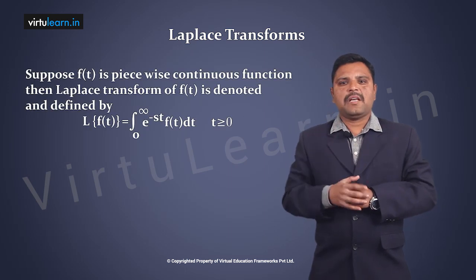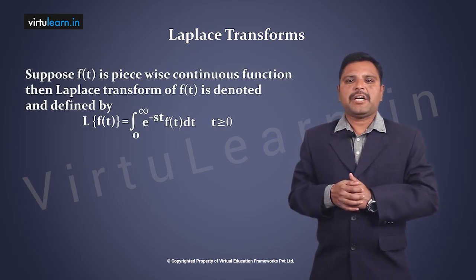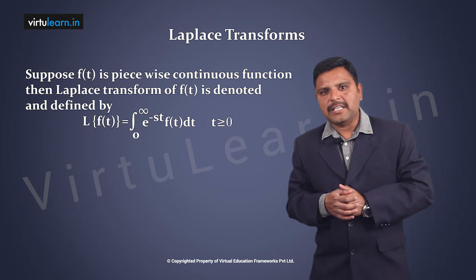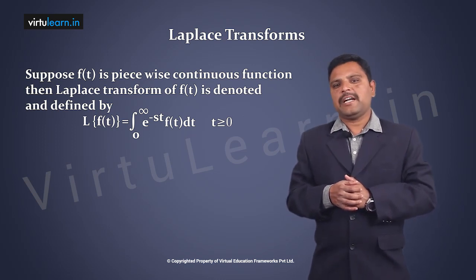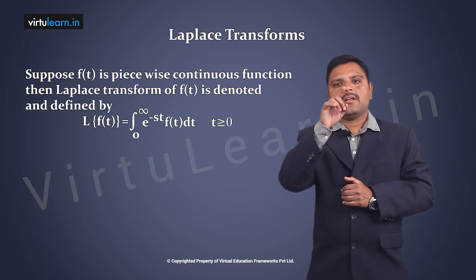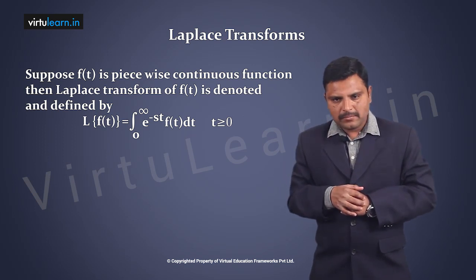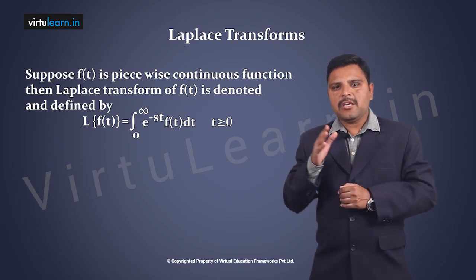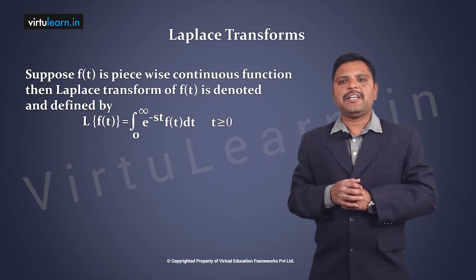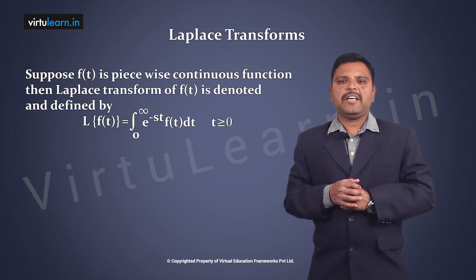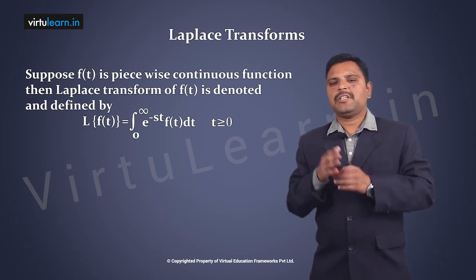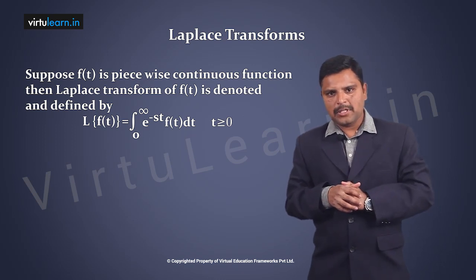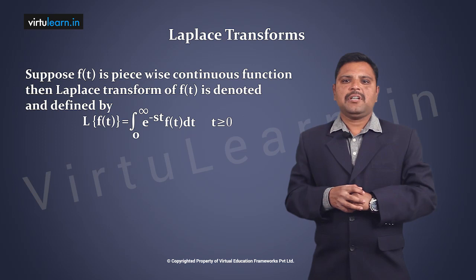Now suppose f of t is a piecewise continuous function, then the Laplace transform of f of t is denoted and defined as L of f of t equal to integral 0 to infinity e power minus st f of t dt, where t is greater than or equal to 0, meaning t lies between 0 and infinity. This is the definition of the Laplace transform.